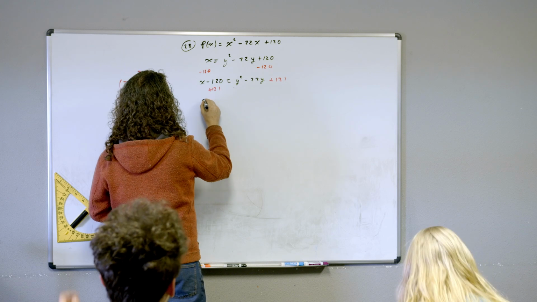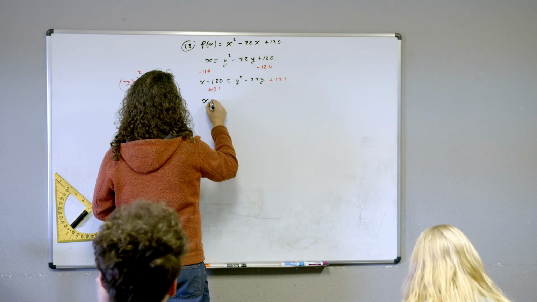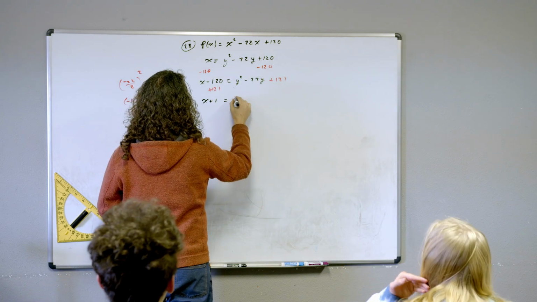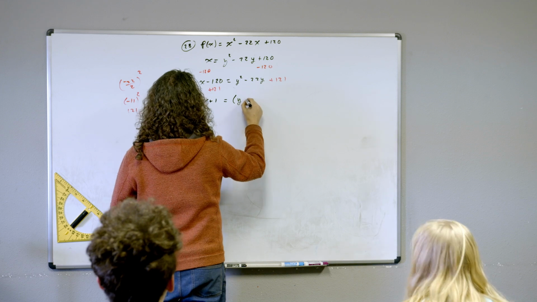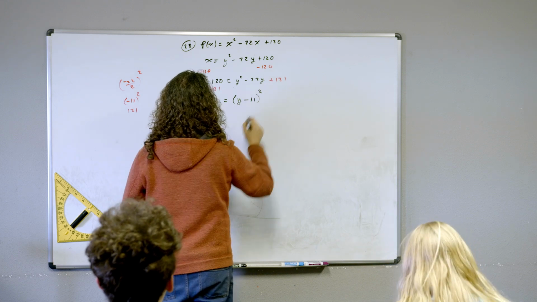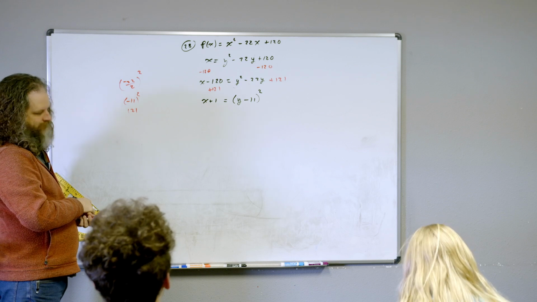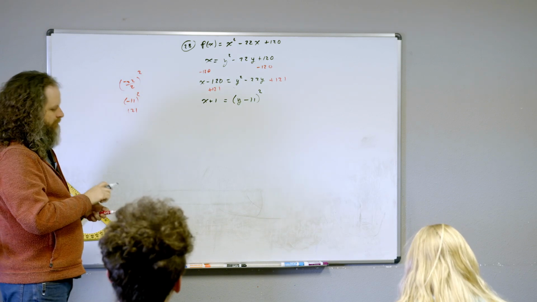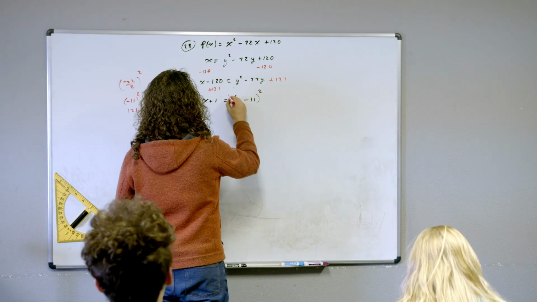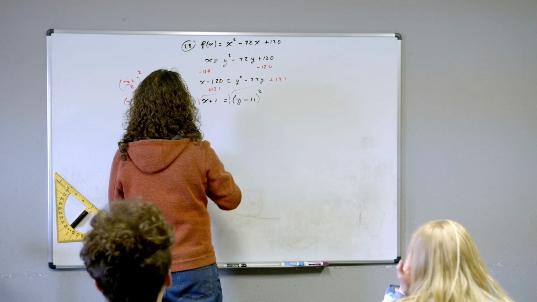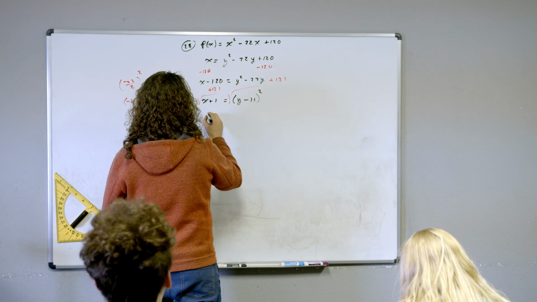So we end up with x plus 1 equals y minus 11 squared. Great. Now we find the square root of both sides. Sometimes I write my square roots so weirdly.